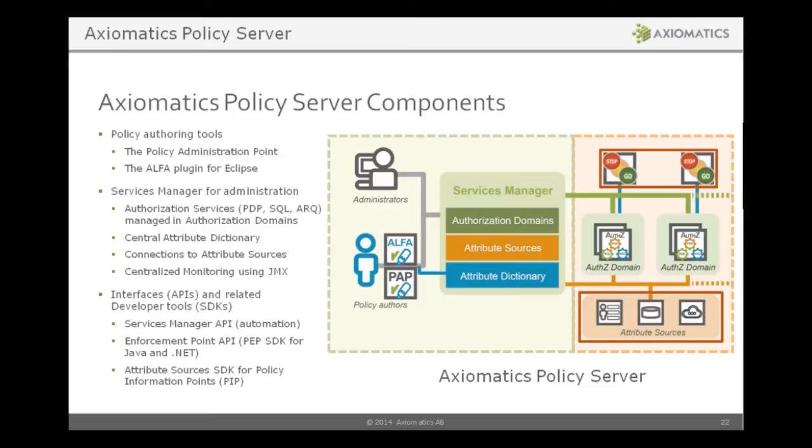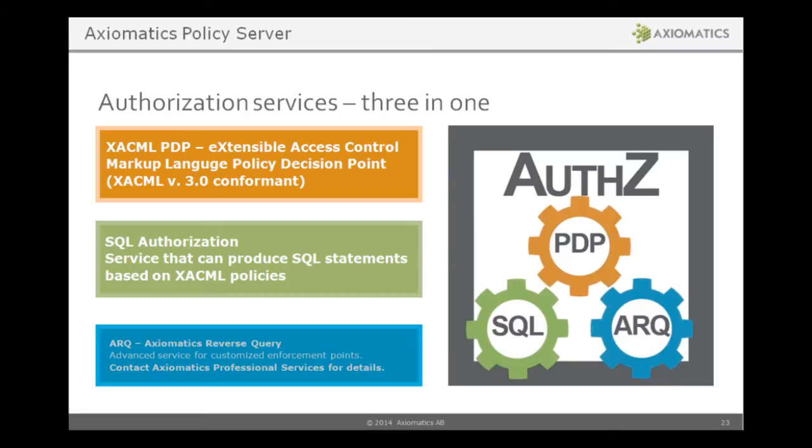Now we're getting to new features, and I'm turning to Saravana, who will help us sort this out. Up until the last version of Axiomatics Policy Server, the only thing that we had was a PDP, an XACML conformant PDP that would respond to XACML requests. And now we've added new capabilities.